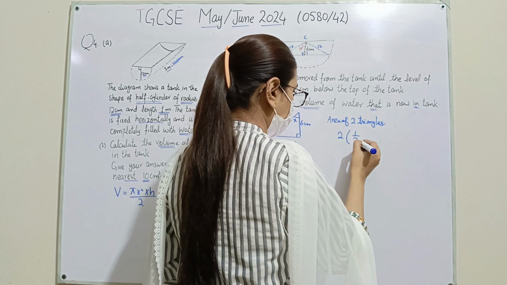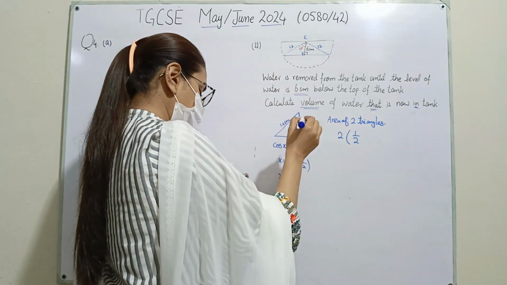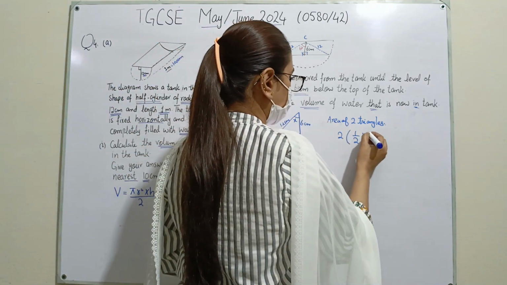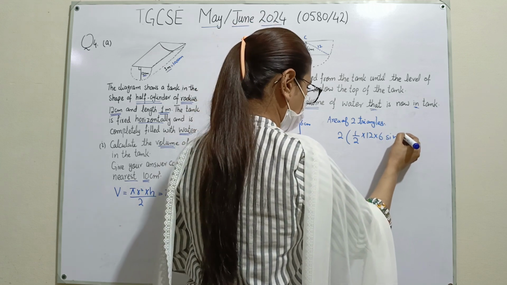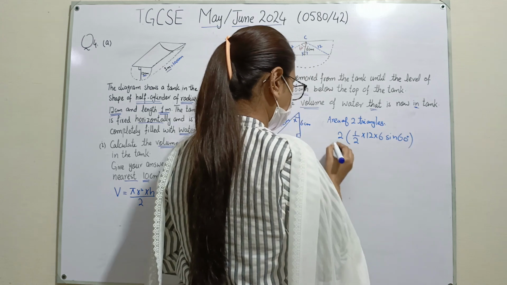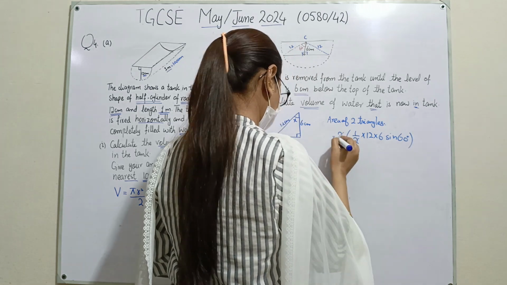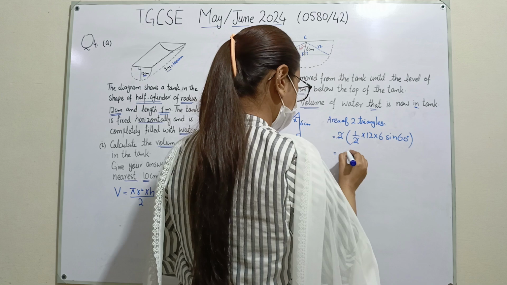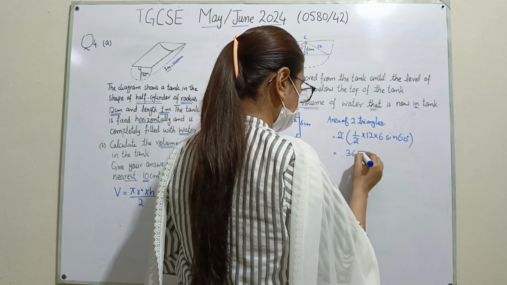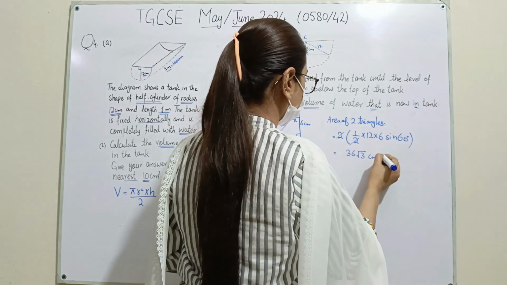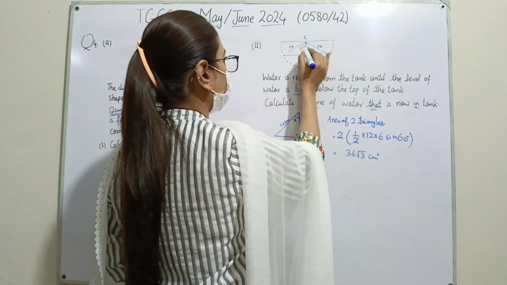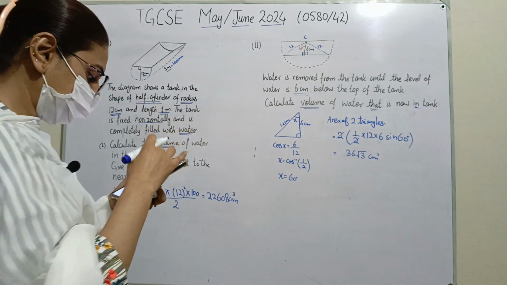Area of triangle is 1 by 2, base into altitude, the base over here is 12 and altitude is 6, so sine of 60 degrees. So what will be the answer after calculating it on your calculator? 36 square root 3 centimeters square. This was the area of two triangles.